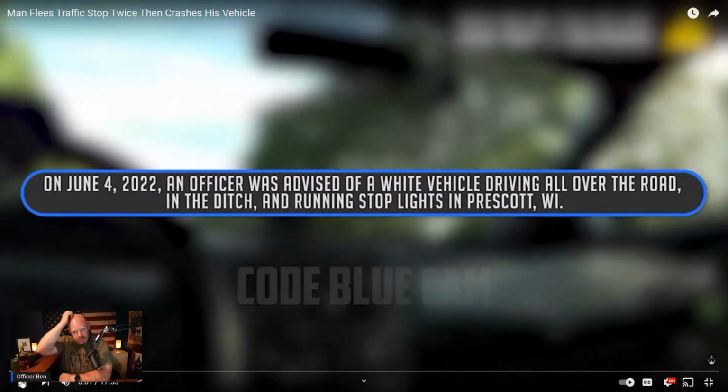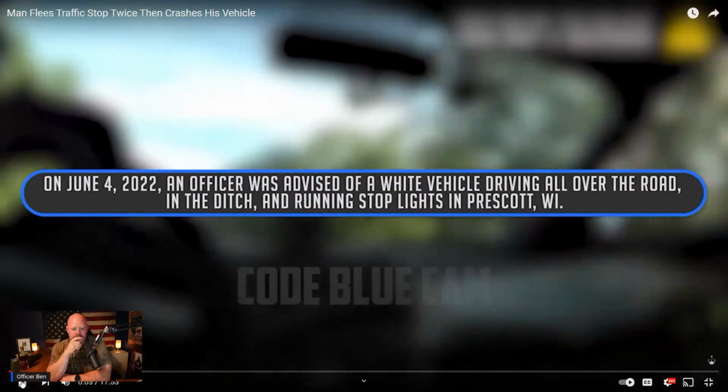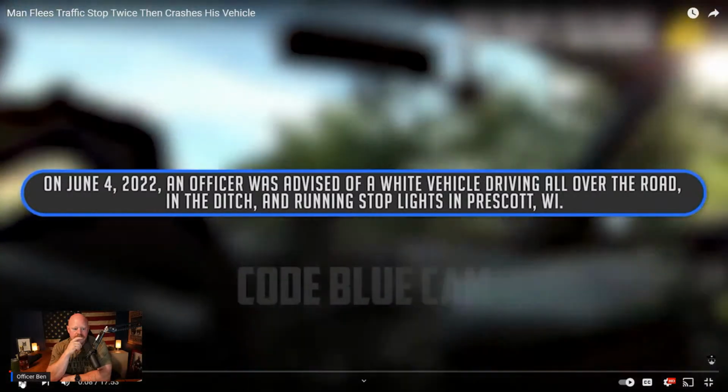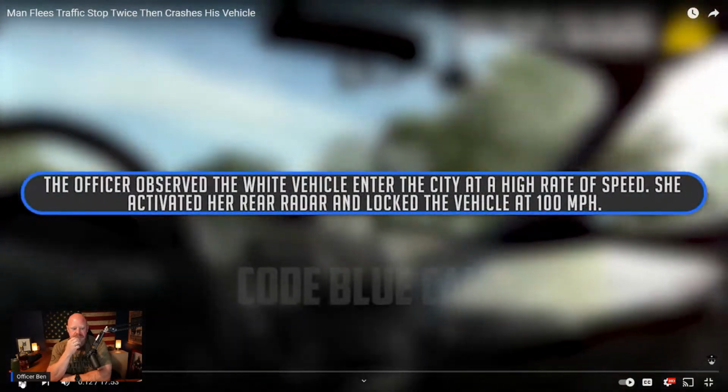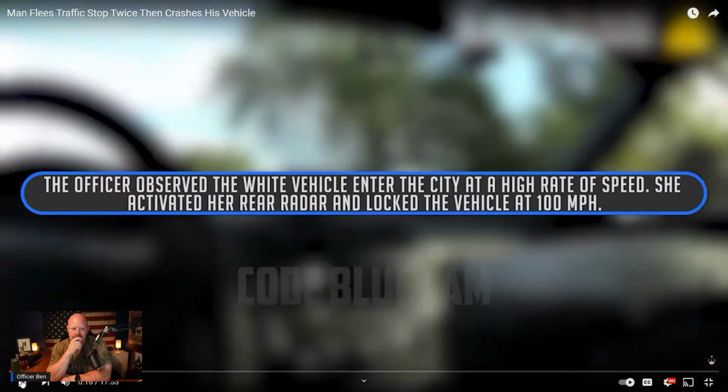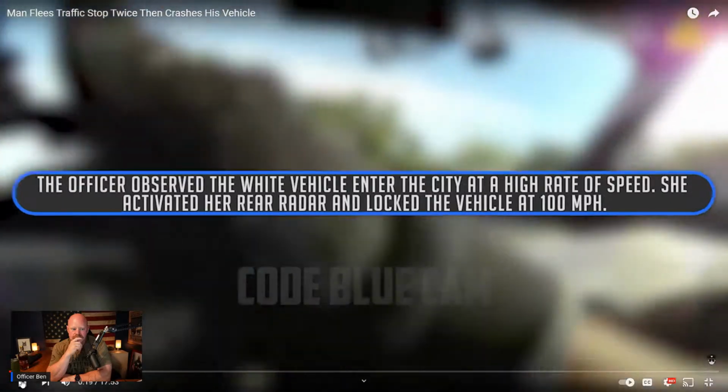On June 4th, 2022, an officer was advised of a white vehicle driving all over the road, in the ditch, and running stoplights in Prescott, Wisconsin. The officer observed the white vehicle enter the city at a high rate of speed. She activated her rear radar and locked the vehicle at 100 miles per hour.